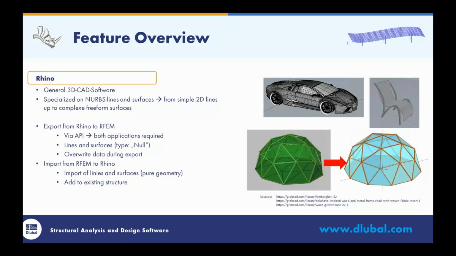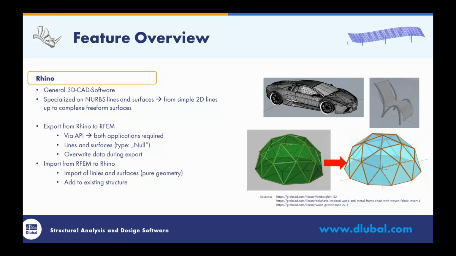We released the interface with RFEM version 5.21.02 in December. If you want to install the interface, you have to install Rhino first on your PC. You require version 6.20 or newer. Then you can install RFEM and the interface will be automatically installed. If you have issues with the installation, feel free to contact our support.